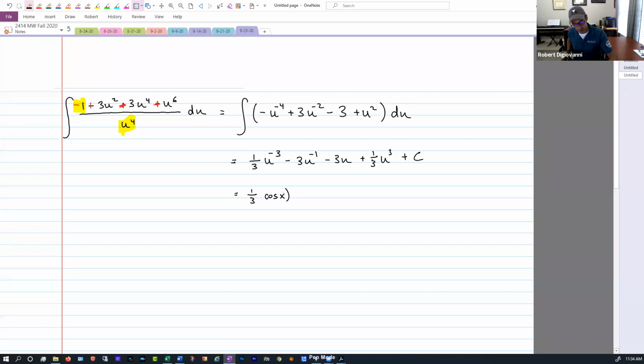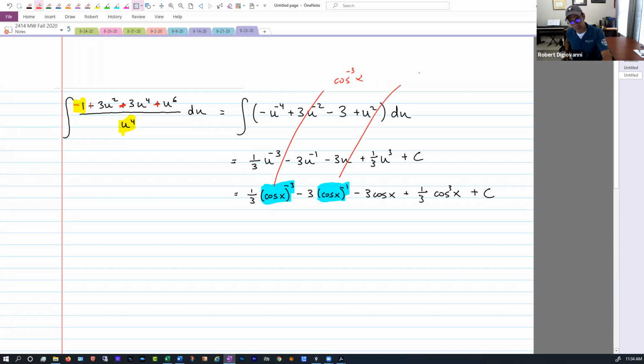It's probably better to just look at it as to the -3, then -3, and then put cosine x to the -1, and then -3 cosine x, and then plus 1/3, and this one I'll do cosine cubed x plus c. Does anyone have an idea of why I did this notation instead of doing like cosine to the -3x and this one being cosine to the -1x? Is it so we don't get it confused with like arc cosine?